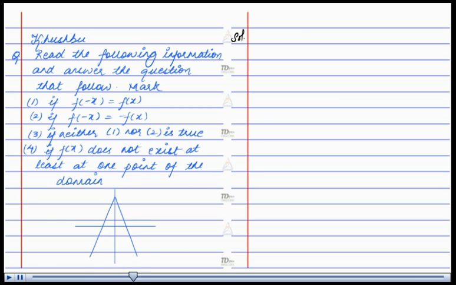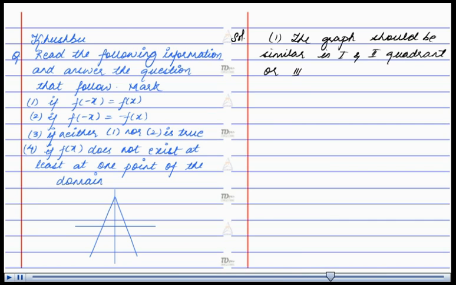Taking the first option, for f of minus x to be equal to f of x, the graph should be similar in first and second quadrant or third and fourth quadrant, and since it satisfies this condition, we have option number 1 as the correct answer.